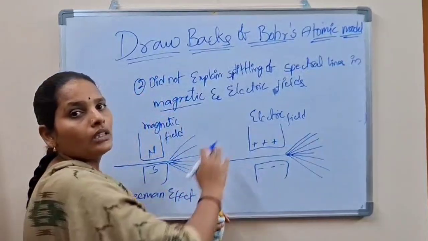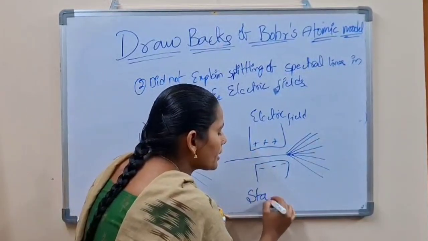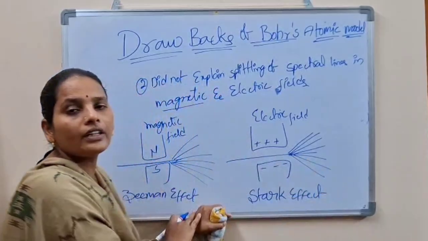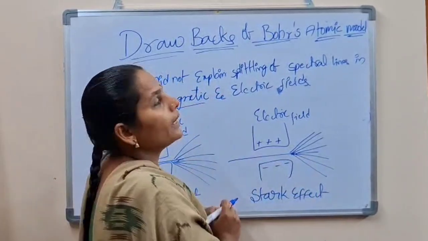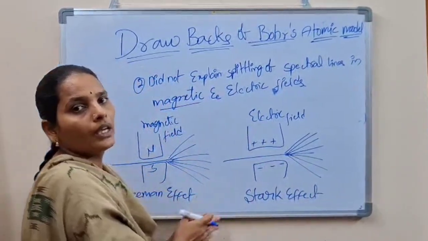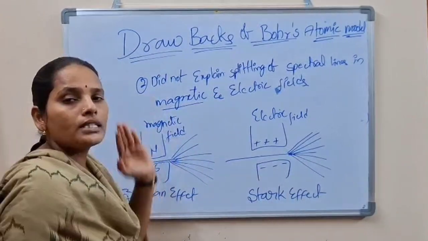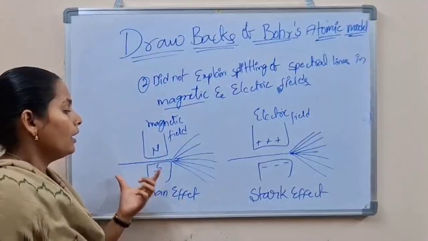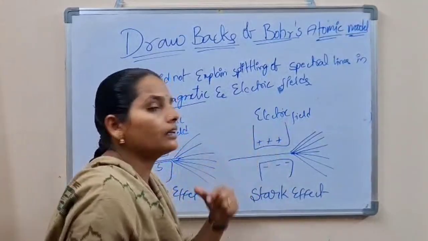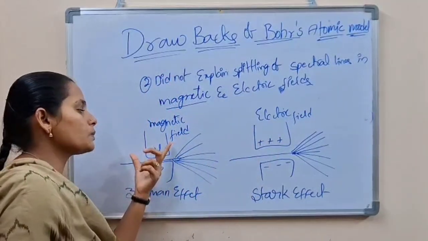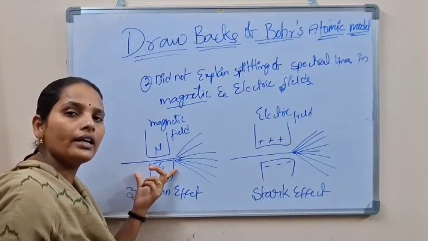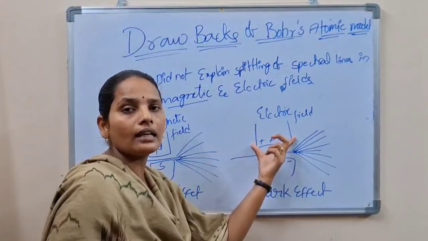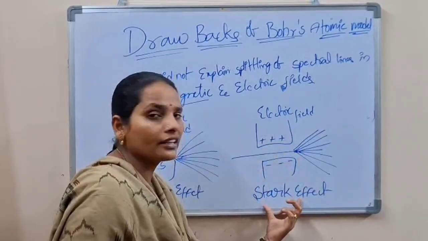This is nothing but the Stark effect, which is also not explained by Bohr. Bohr's theory did not explain the splitting of spectral lines in both magnetic and electric fields. The splitting in a magnetic field is called the Zeeman effect, and in an electric field it is called the Stark effect.